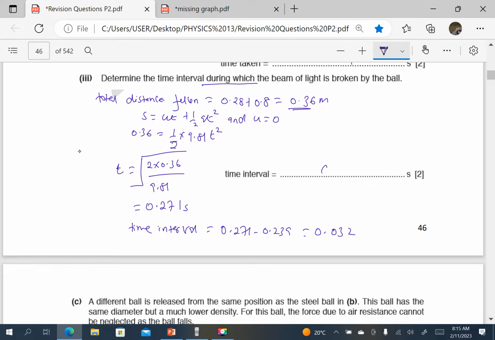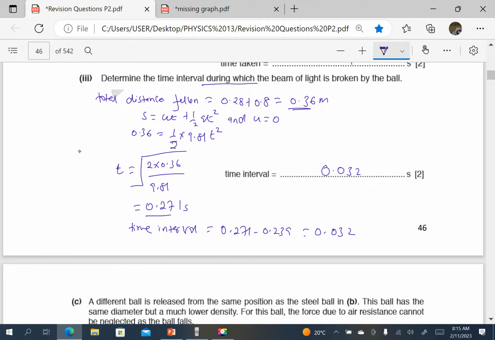So the time interval here is 0.032 seconds. Or if you use two significant figures, 0.27 and 0.24, you would get 0.03. That is fine. I think that is the simplest method.